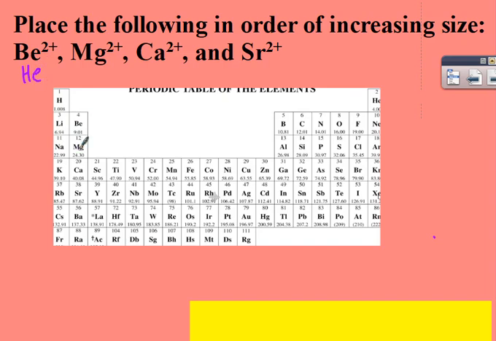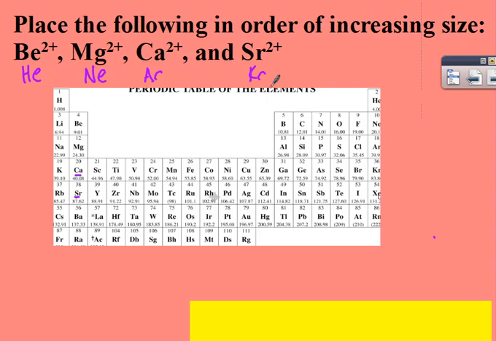Magnesium, if it loses 2 electrons, it would be isoelectronic with neon. Calcium, if it loses 2 electrons, it would be isoelectronic with argon. And finally, strontium, if it loses 2, it would be isoelectronic with krypton.